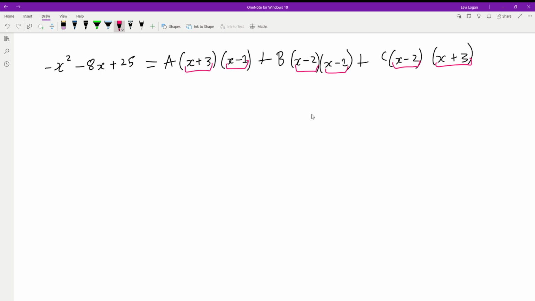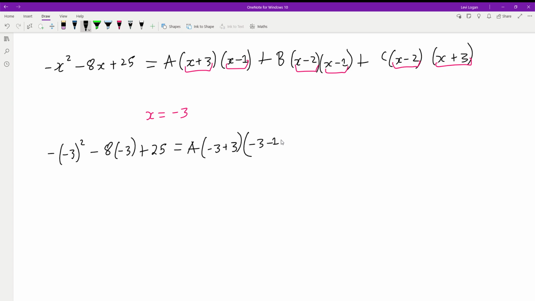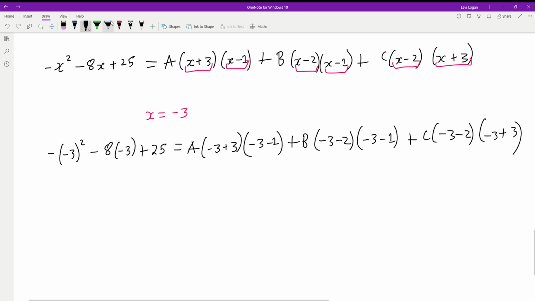So for example, if I put in x equals -3, I'm going to have, alright, negative of -3 squared minus 8 times -3 plus 25 is equivalent to a multiplied by -3 plus 3 on, well, -3 minus 1, plus b times -3 minus 2 multiplied by -3 minus 1, plus c, which is -3 minus 2 multiplied by -3 plus 3. We can see that would be 0, so that term's gone, and so is that term, because that will be 0. So that's gone and that's gone.